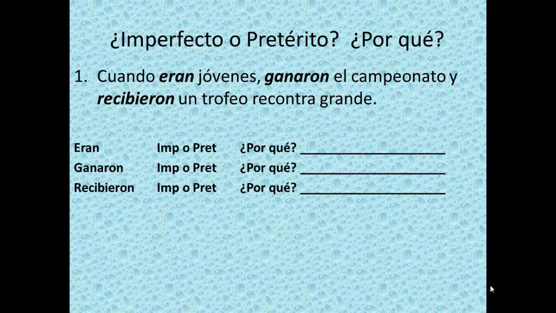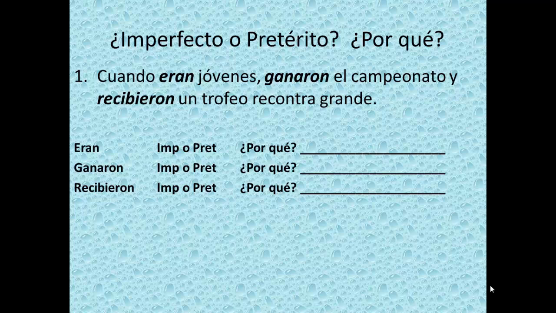In fact, even when you look at the verbs, you can already tell whether it is in the imperfect or preterite, but I thought it would be good practice to introduce this as to why, as to naming. So, cuando eran jóvenes, when they were young, ganaron el campeonato, they won the championship, and received un trofeo recontra grande, a super big trophy, a huge trophy or a super big trophy, right?